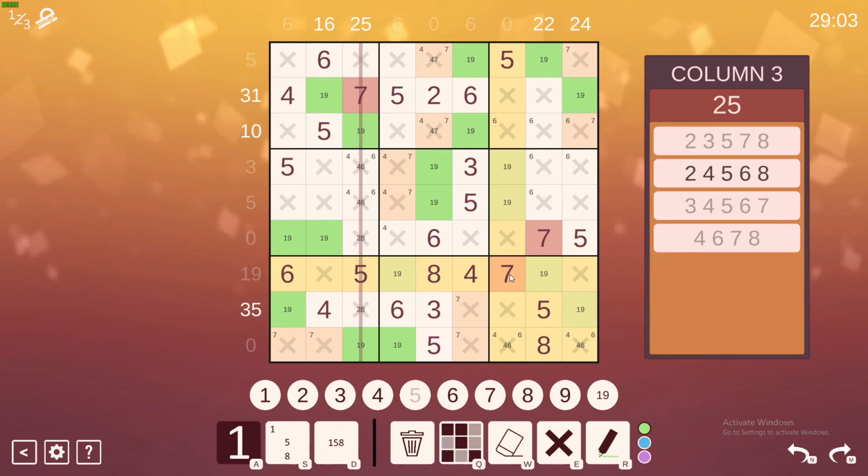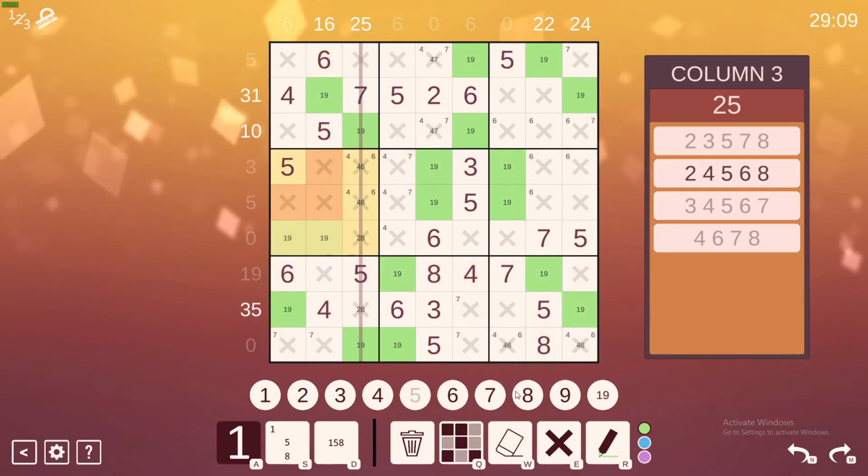So that's all of our 7 clues for now, I believe. I guess we can indicate there will be a 7 there. That might be useful, it might not be. We'll find out in a little bit.